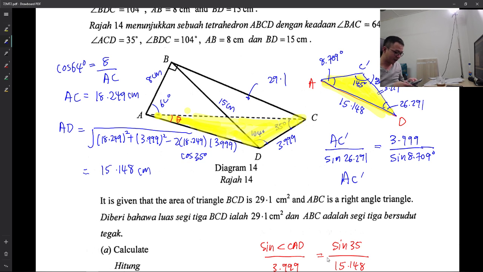So 3.999 over sine 8.709, multiply sine 26.291. Wow, this question is so tiring. 11.698. Is that the answer?